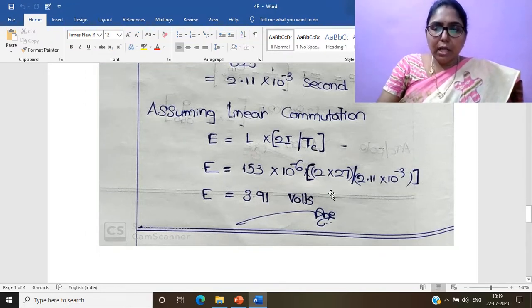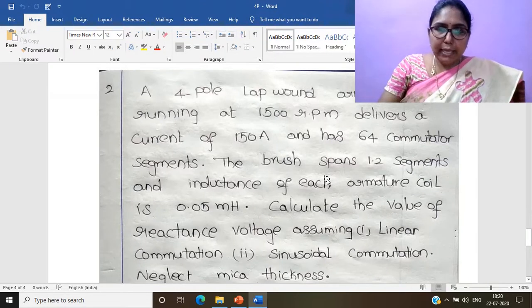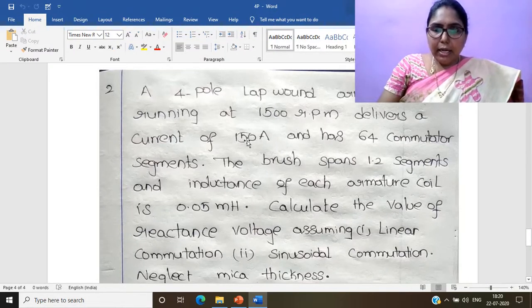So till now we have solved one problem based on the reactance calculation. We will see one more problem based on this concept. This is the second problem, let me read it out. A 4-pole lap-wound armature running at 1500 RPM delivers a current of 150 amperes and has 64 commutator segments.